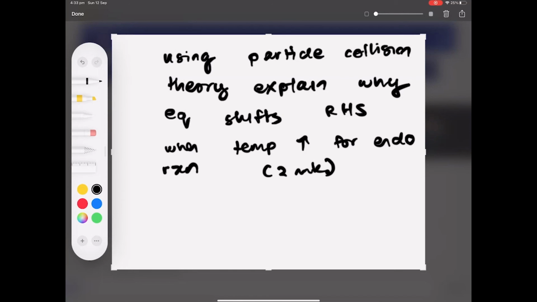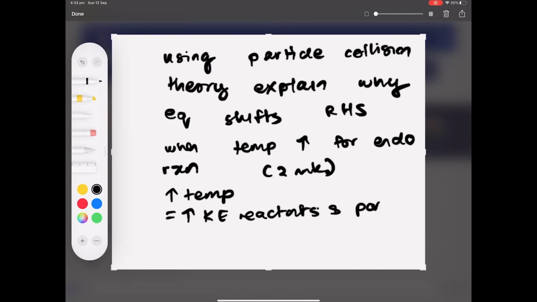Is it something to do with activation energy? Yeah, it definitely is something to do with that. Increasing the temperature of the system will increase the average kinetic energy of both reactants and products. So the frequency of successful collisions where the energy is greater than activation energy will also increase.